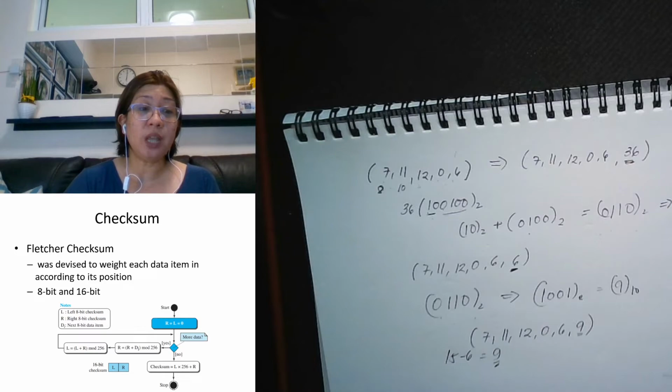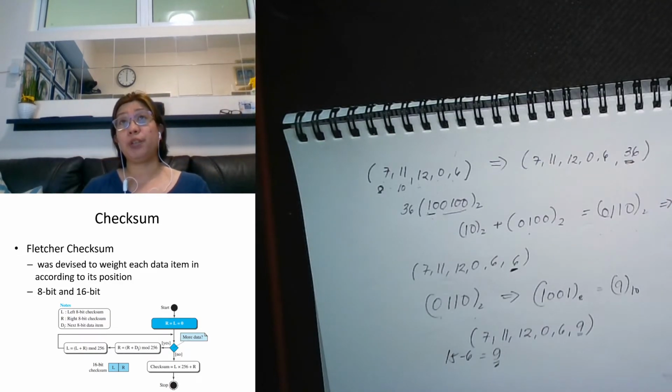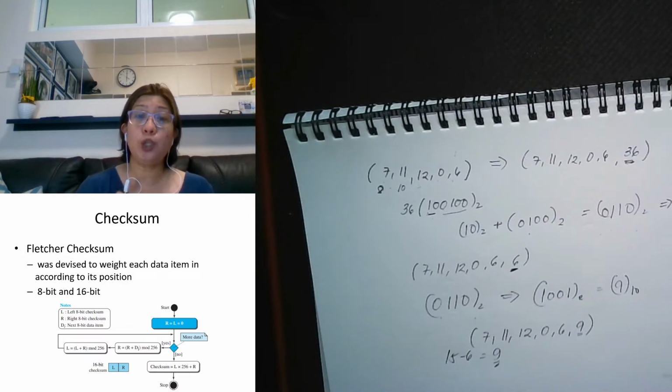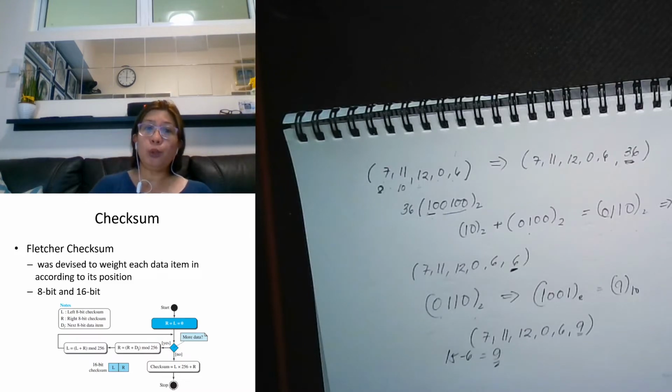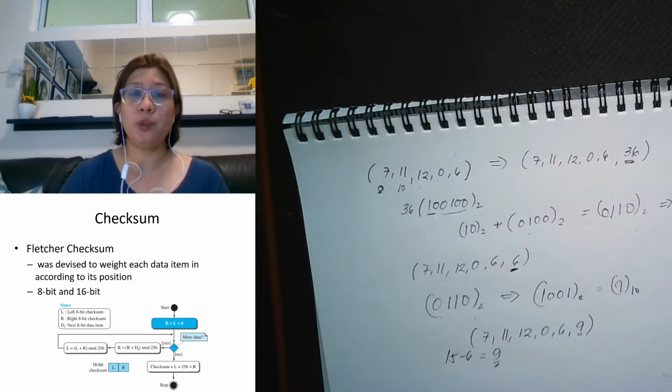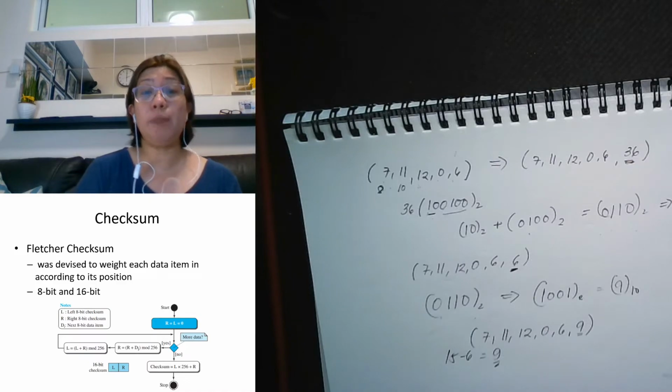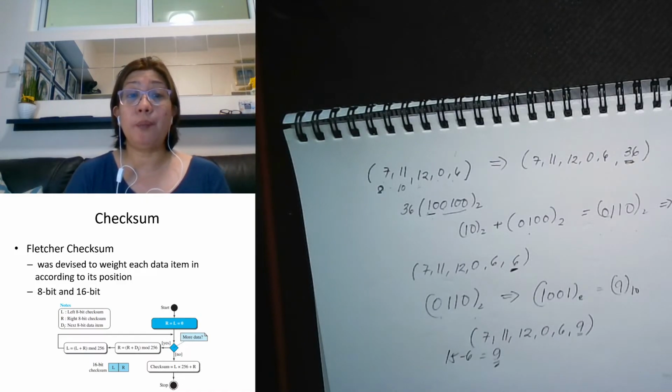This is the flow chart, or the algorithm, for the Fletcher checksum. It was devised to weight each data item according to its position, so each position has its own weight. There are two types of Fletcher checksum, an 8-bit and a 16-bit Fletcher checksum, which make use of two algorithms.